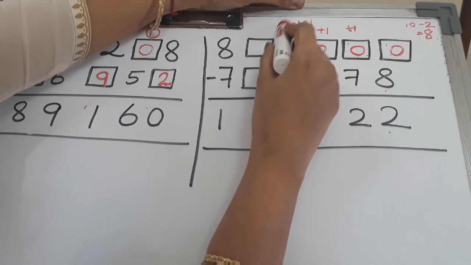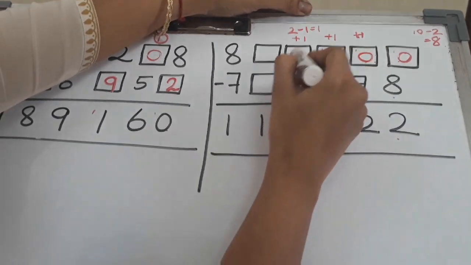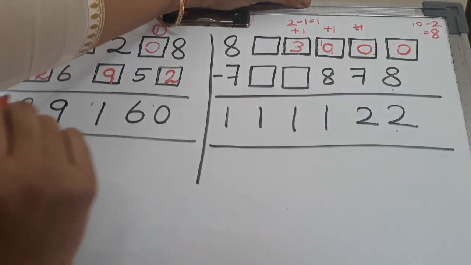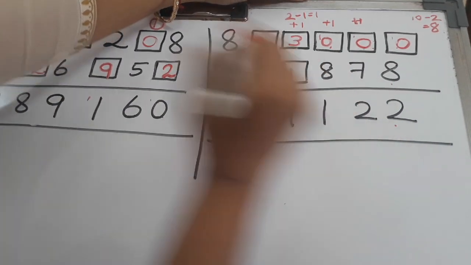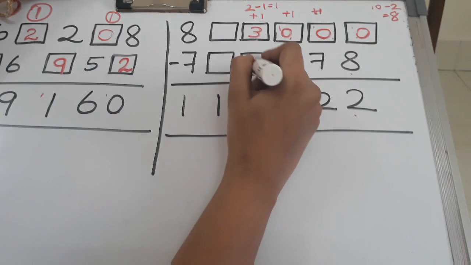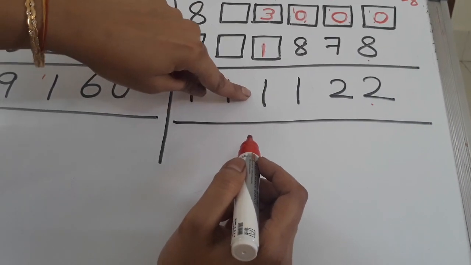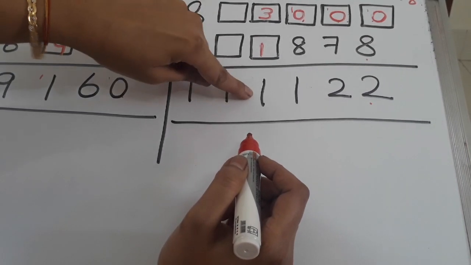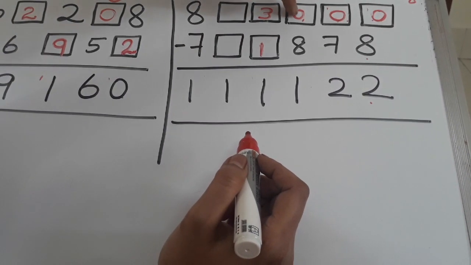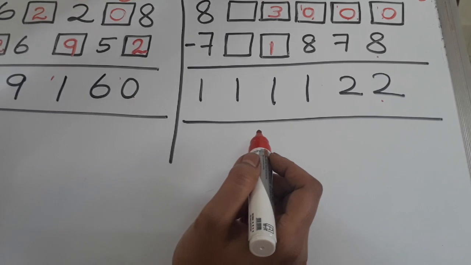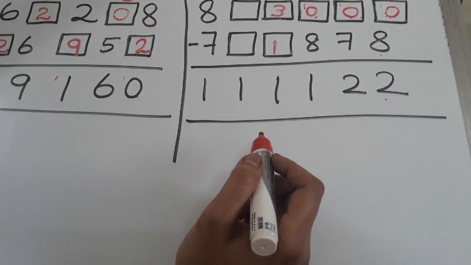So if we write 2 here, I have to add 1. So 2 plus 1 will be what? 3 minus 1. Okay, so 3 minus 1 will solve our purpose. 2 minus 1 is 1 and 1 we have to give to the 0, so we add 1 to this 2 and get 3.